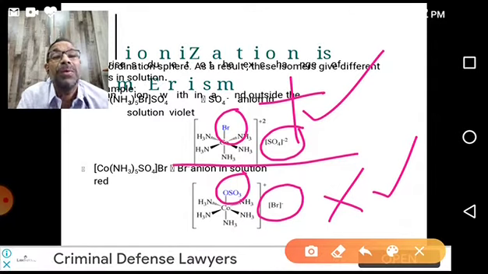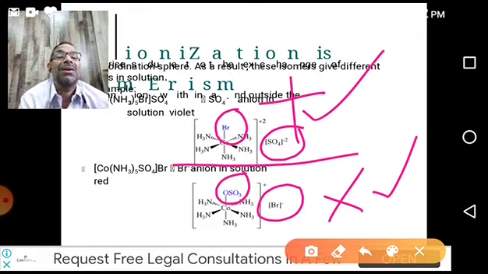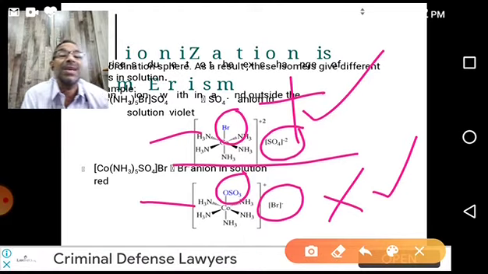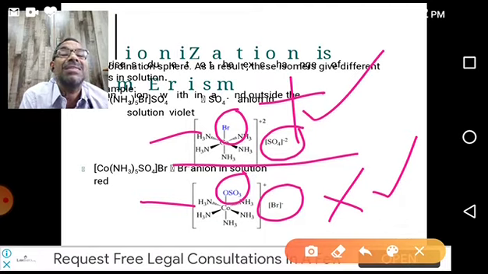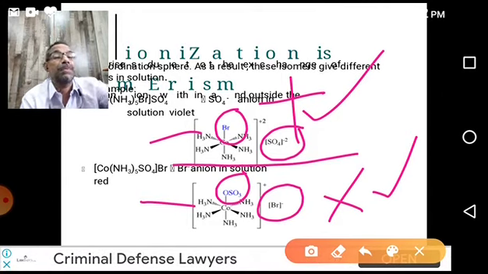Sulfate doesn't give this test. So these are the differences between the two compounds. That's why these two compounds are called ionization isomers, and this phenomenon is called ionization isomerism. I'll explain once again.